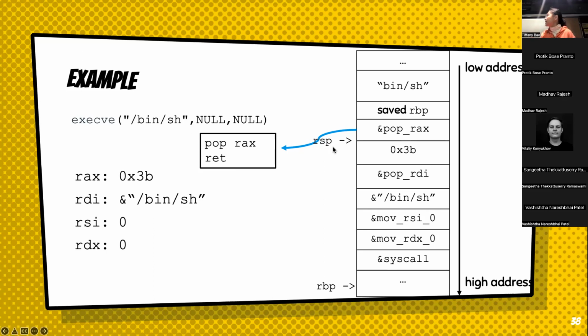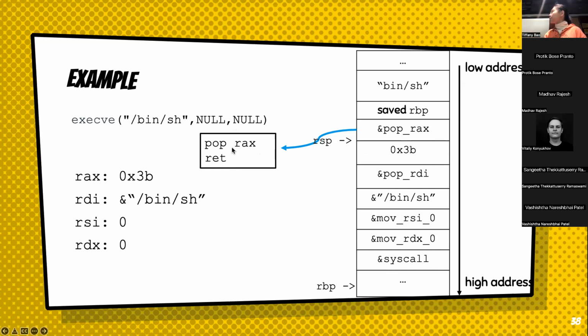So by the time that we're about to execute this instruction, we have RSP pointing to this particular location. And now we're going to do the next instruction, which is pop RAX, right? Okay, so we want to move some value to RAX.